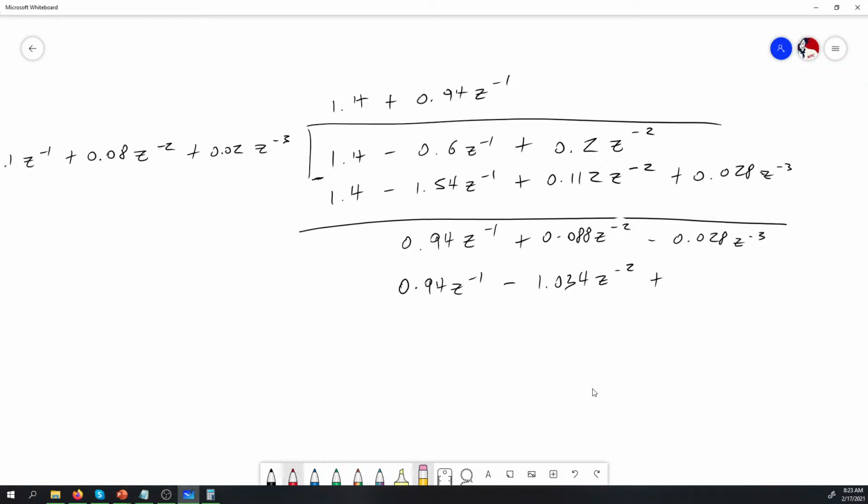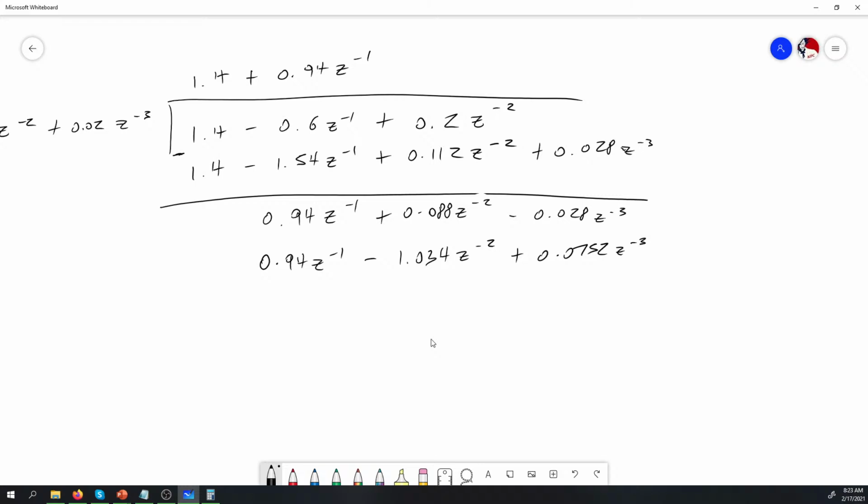So we do 0.94 z to the negative 1 by 0.08 z to the negative 2, which gives us a result of 0.0752 z to the minus 3. And then 0.94 z to the negative 1 times 0.02 z to the negative 3 is going to be plus 0.0118 z to the minus 4.